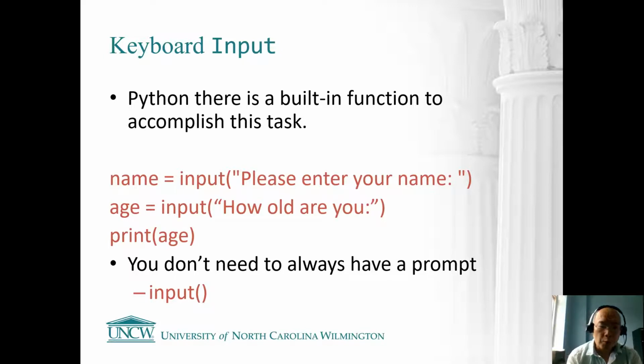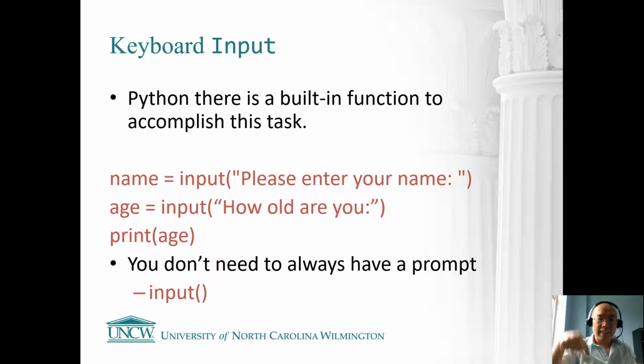So keyboard input. If we want to type something and want Python to take that, it is super simple. We do input and then parentheses, and then a prompt. So I want to use "please enter your name" as a prompt, and then the program will stop and expect the user to type something by themselves.